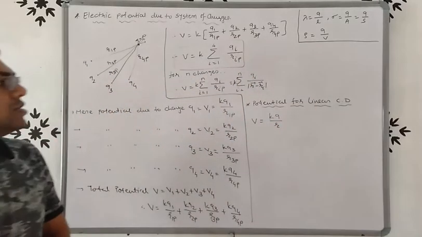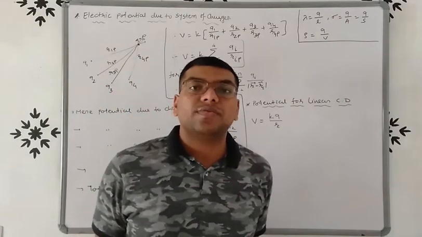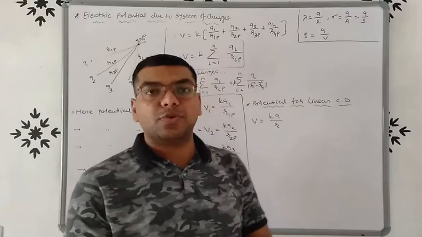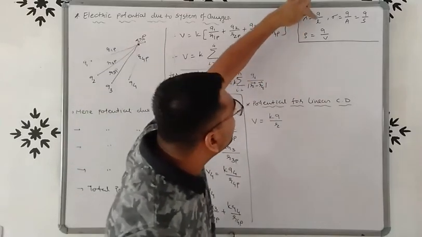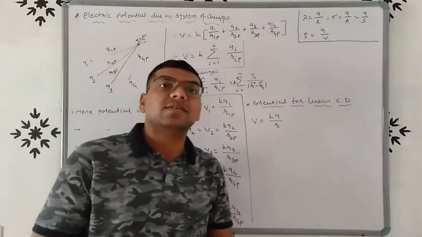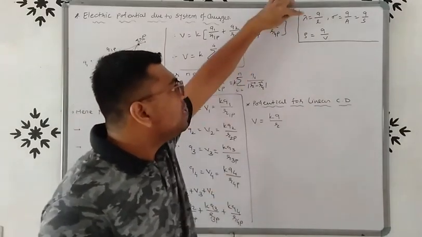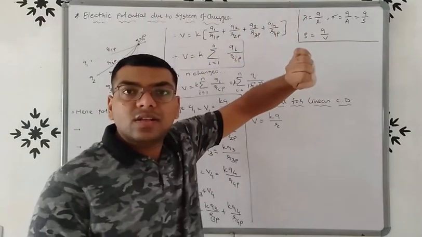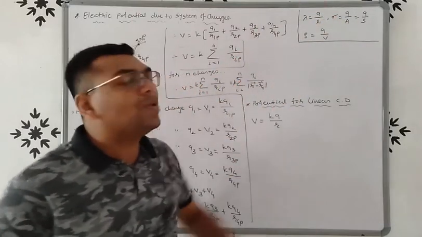Right? So if there is a linear charge distribution of a system of charges and we have to find out the equation of potential, then we know that lambda is equal to q by l. So we know the value of q, that is lambda into l.